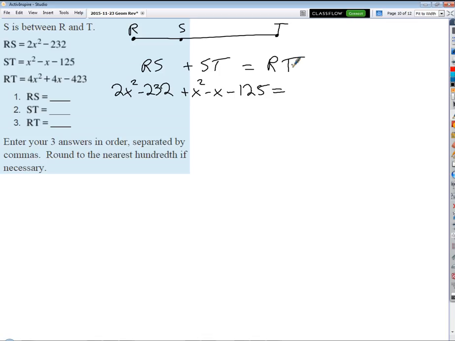And on the other side, instead of RT, we're going to plug in this expression. So 4x squared plus 4x minus 423.